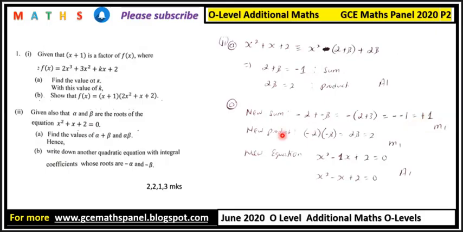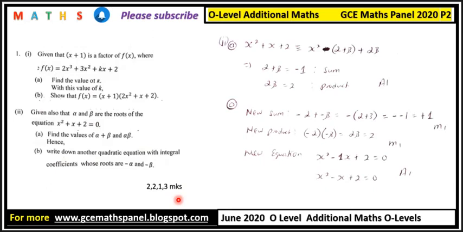Equally, a new product to be minus alpha times minus beta, which gives us 2. Hence, our new equation is x squared minus the new sum, which is 1, plus the new product, which is 2. So this question is what? 2 plus 2 plus 1 plus 3 marks. That gives us a total of 8 marks.